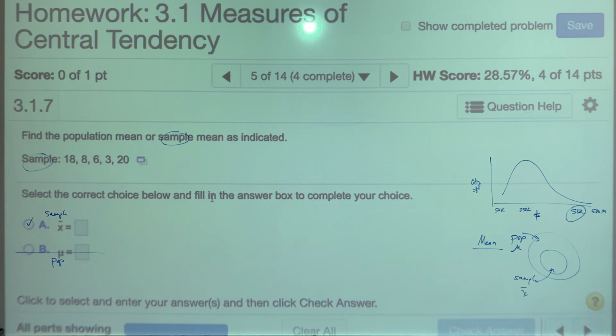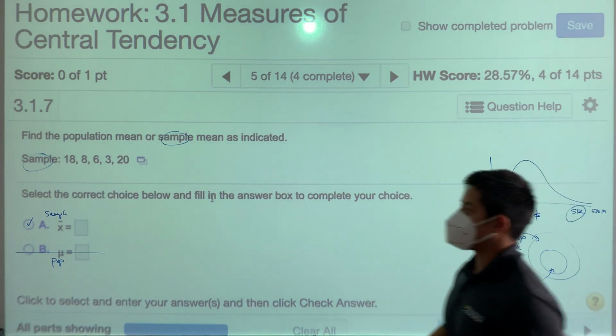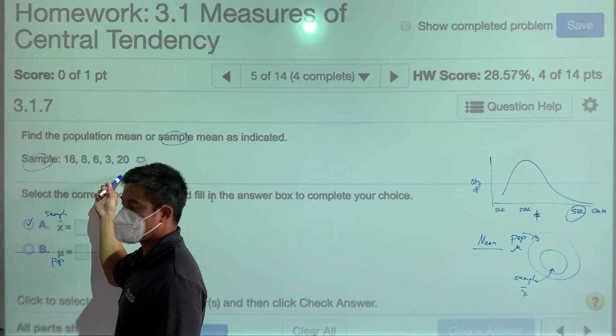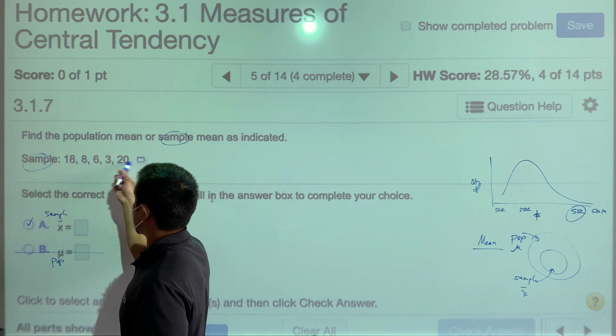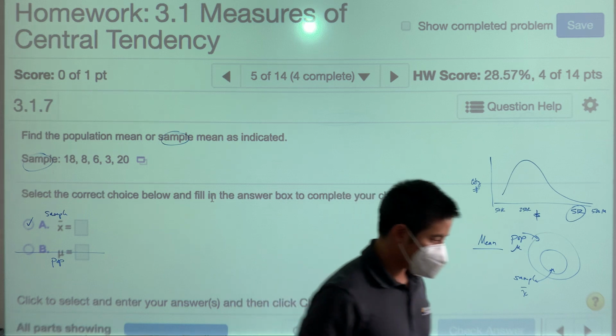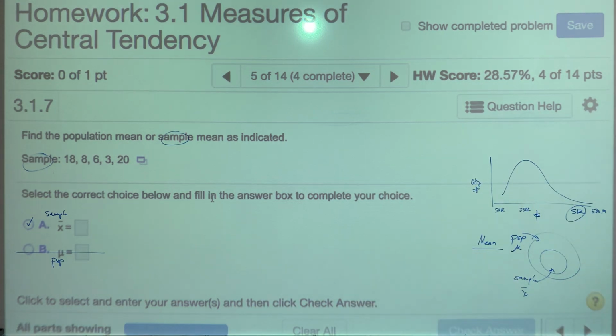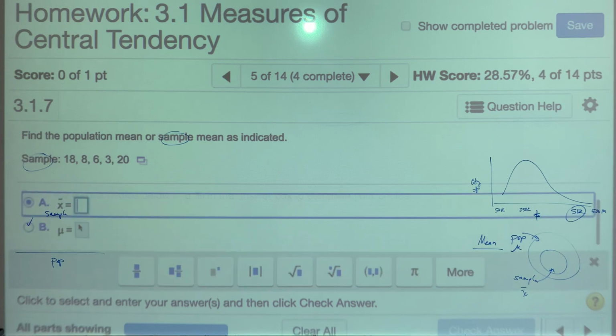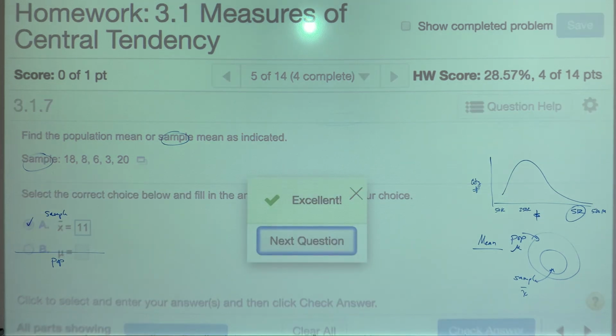Once you know that, you're still going to calculate it the same way. How do we find the average? Add these all up and divide by 5. You got it. Can somebody do that for me, please? Is it 11? Good.